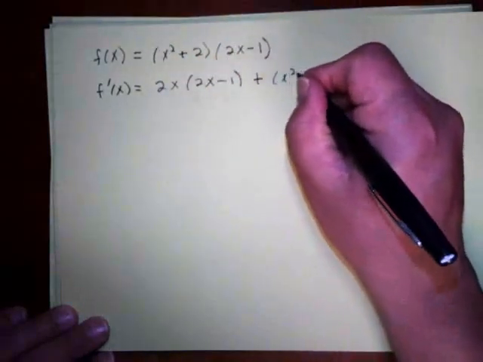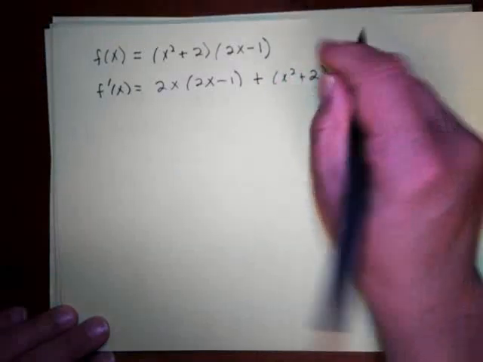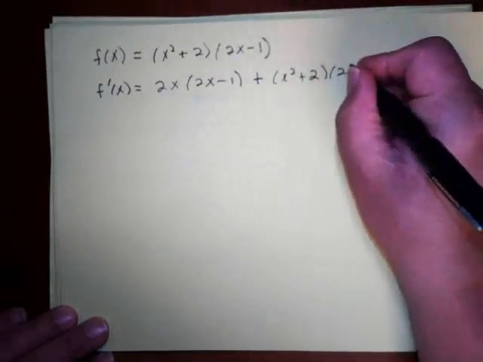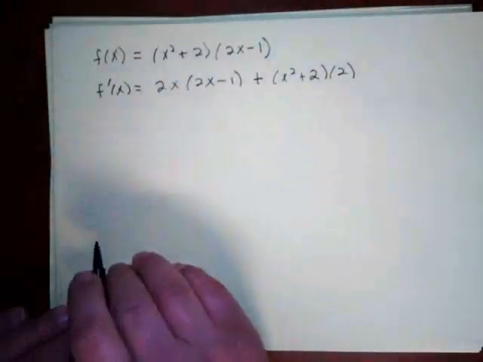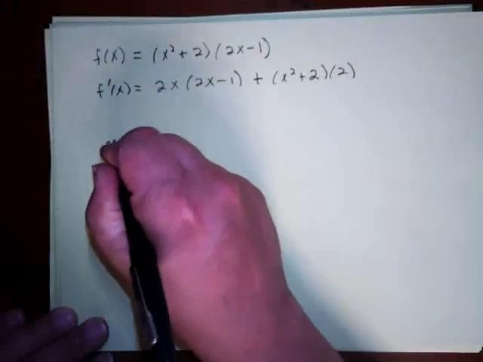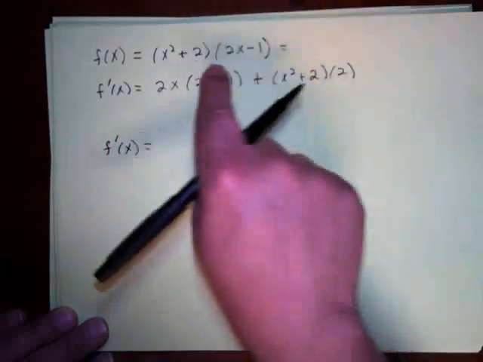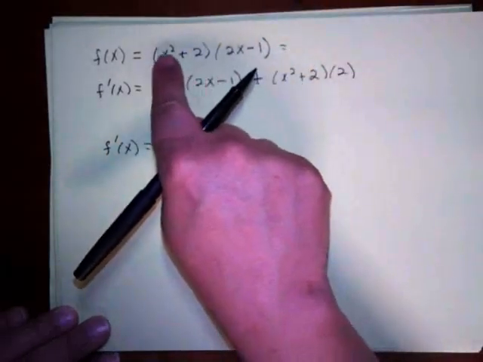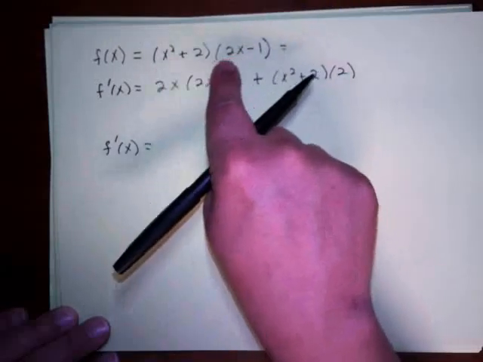So it'd be x squared plus 2, and then the derivative of this would just be 2. So you would get this, okay? And I'm going to leave a little space here, and I'll show you why in a second. So now I'm going to find this derivative in a second way. I'm going to multiply these two together. So if I do the first two, I'm going to FOIL them.